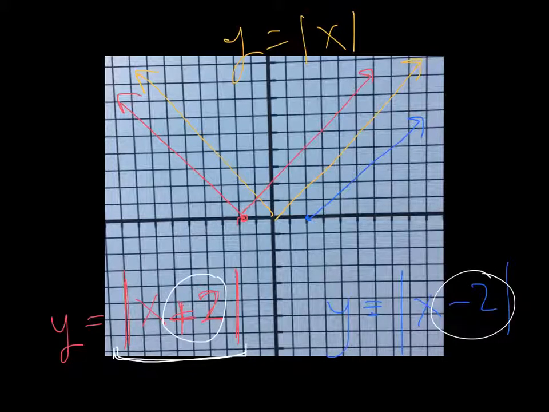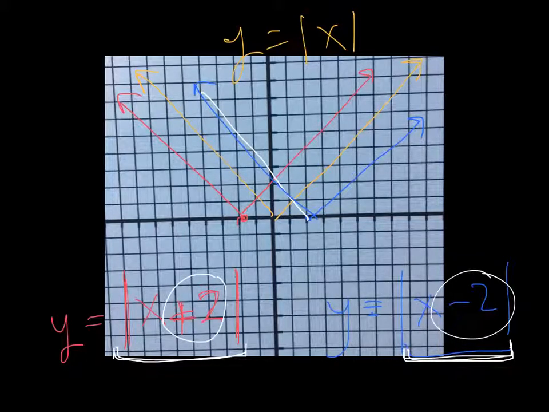We know it's going to move 2 spots along the x-axis, but in the opposite direction. So remember, if it's inside the absolute value symbol, it's the x-axis movement, and you take the opposite sign.